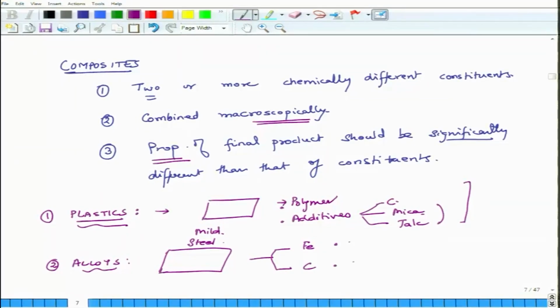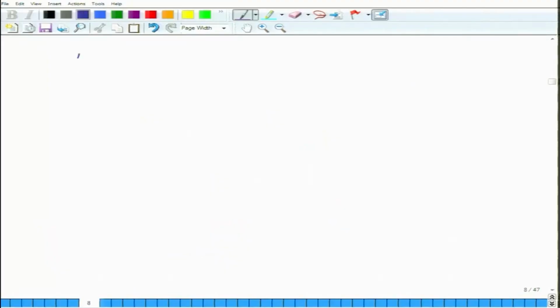Next, we will look at some of the applications of composites. Applications. So, let us start. For instance, composites are very heavily used in the automotive industry, in the automotive sector.